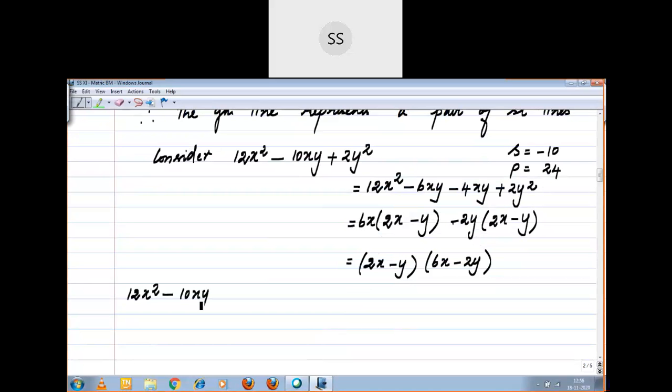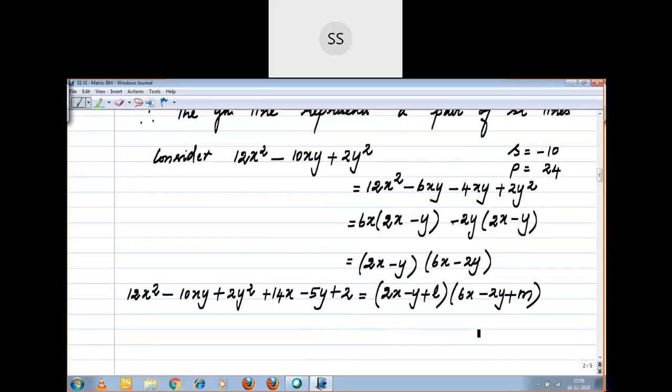After that, you are going to add, right? 12x square minus 10xy plus 2y square plus 14x minus 5y plus 2 equal to 2x minus y plus L into 6x minus 2y plus M. Either you can write this as first and this as second, no problem, right? Got it?